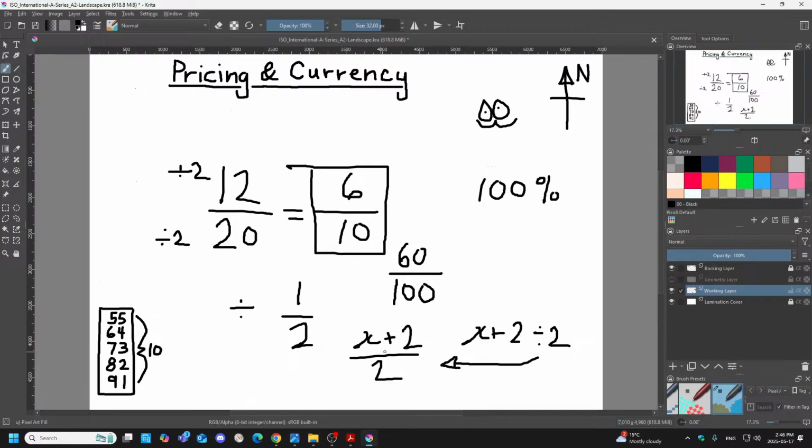Always work your problem like this, not like this. This is what I call linear, everything's in a straight line. Put it in fraction form. Again, remember, division means fractions.